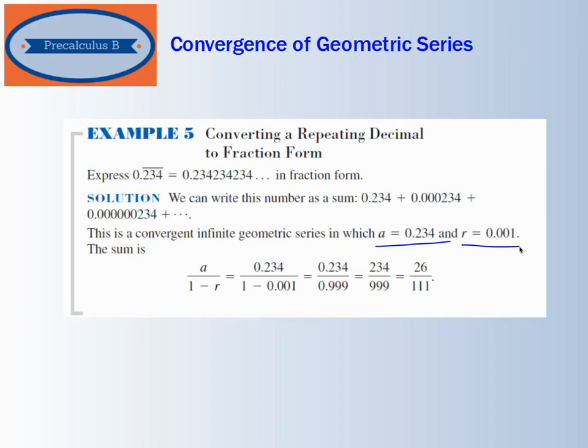So we know that the sum is just a over 1 minus r, which is 0.234 divided by 0.999, which is 234 over 999, which reduces to 26 over 111.